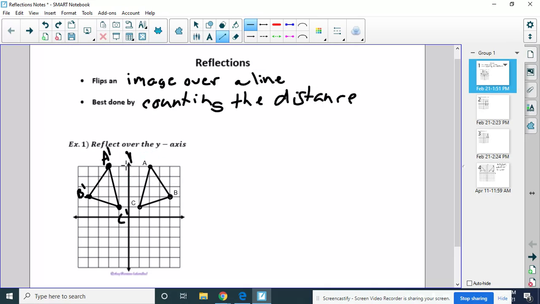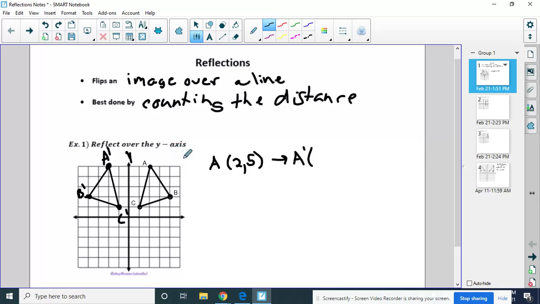Okay, problem solved. Now, one thing you're not going to have to know too much, but I'm just going to show it to you now. If we were to look at point A, my x value is 2 because we went right 2, and my y value is 5, so it's (2, 5). And just look what changes when we go to A prime. It will be like this every time you flip over the y-axis.